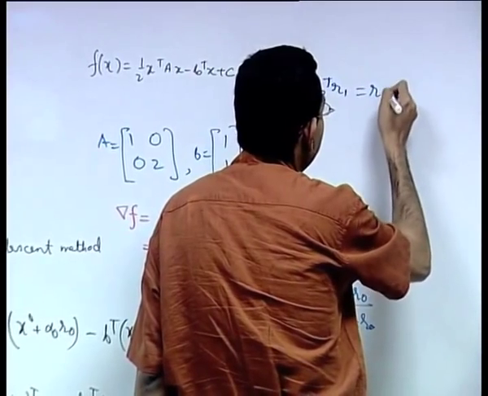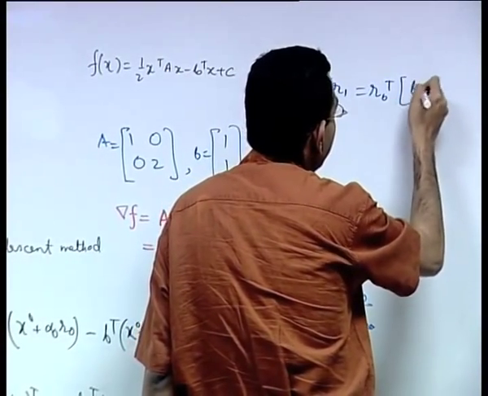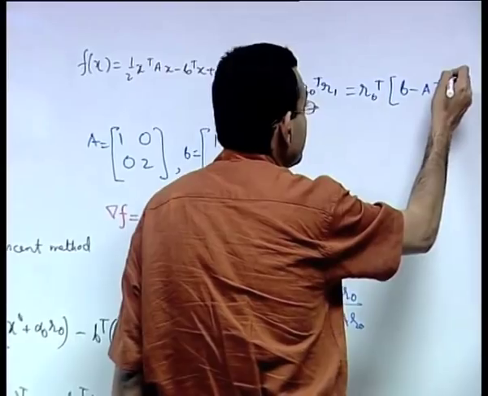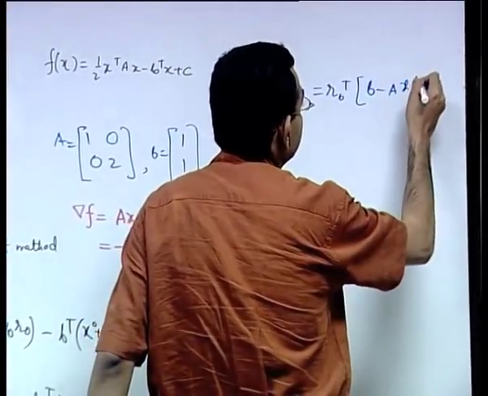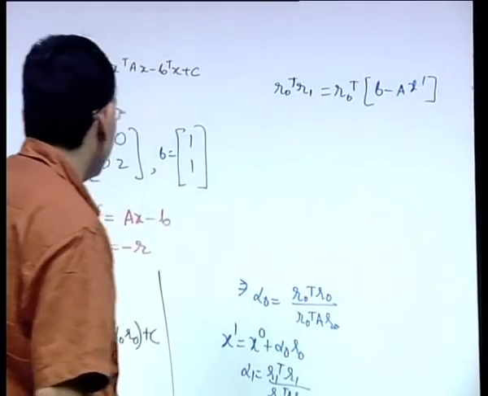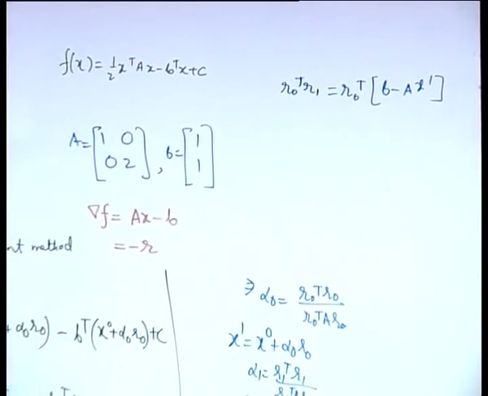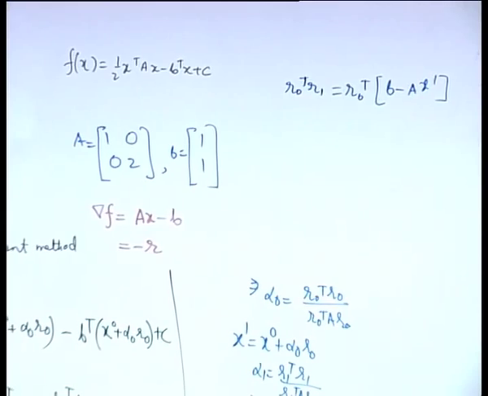So r0 transpose r1 is b minus A x1. Because r is b minus A x, so r1 is b minus A x1.